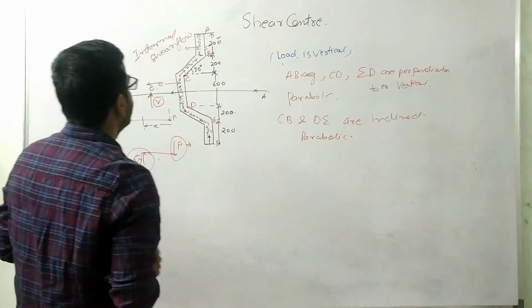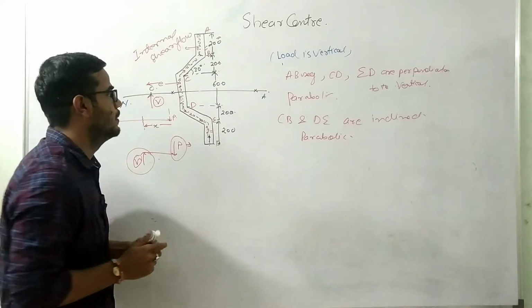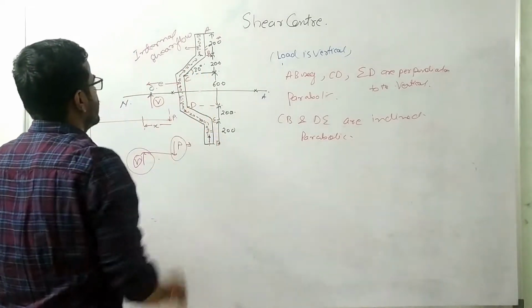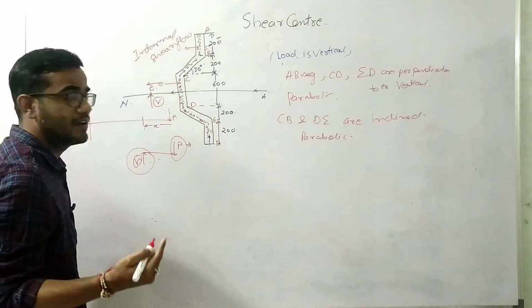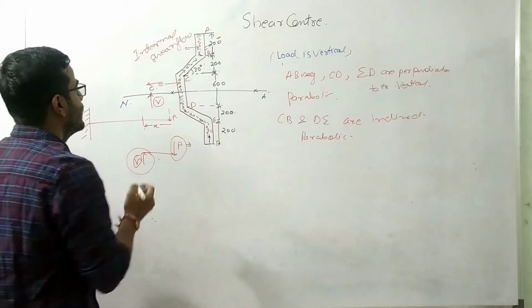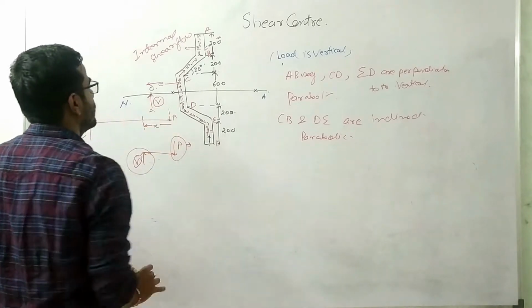Before moving forward with this problem, in this type of cross section I cannot decide before solving the problem where my shear center will lie, right? So in this case, I'm assuming that my shear center will act at this point, this location.